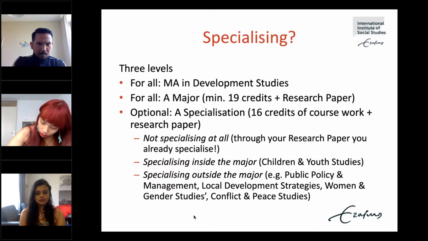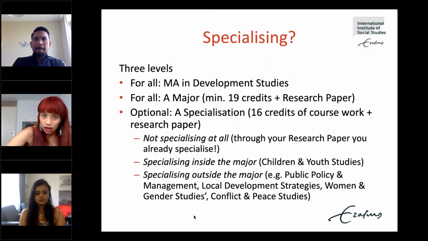Specializing inside the major, our option currently is the Children Youth Studies specialization. Outside the major, there are a few other options for a specialization. You could do one in public policy and management if you take the required courses and also do your research paper on topics that are relevant to that specialization. Same with local development strategies.